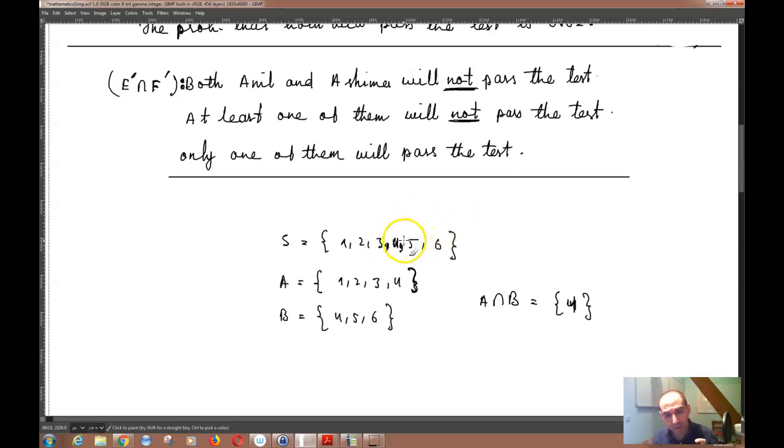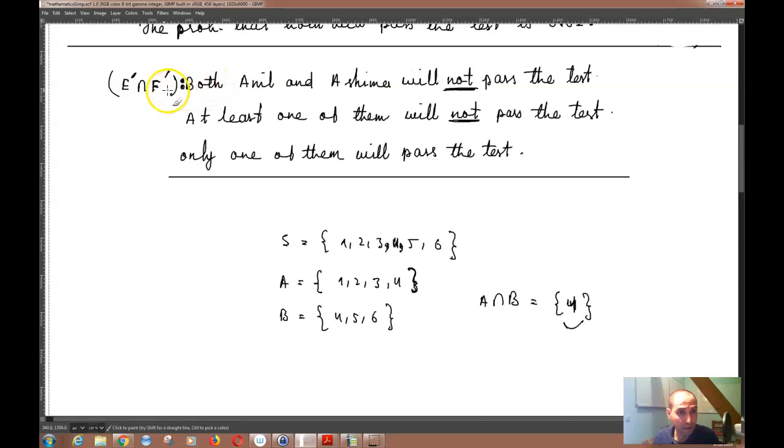When the outcome 4 occurs as a result of doing this experiment, then you can say that both event A and event B will occur. And then, of course, in order to check which outcomes will lead us to the occurrence of both of the events together, you have to take the intersection of the two sets, and then you will know what those outcomes are.